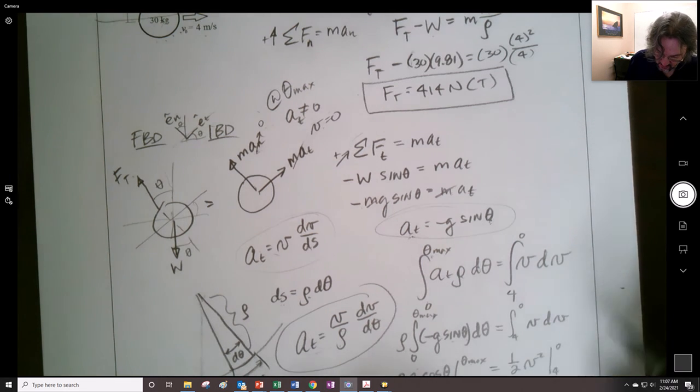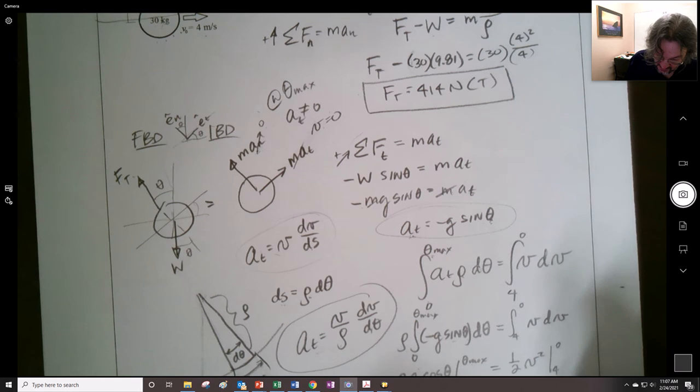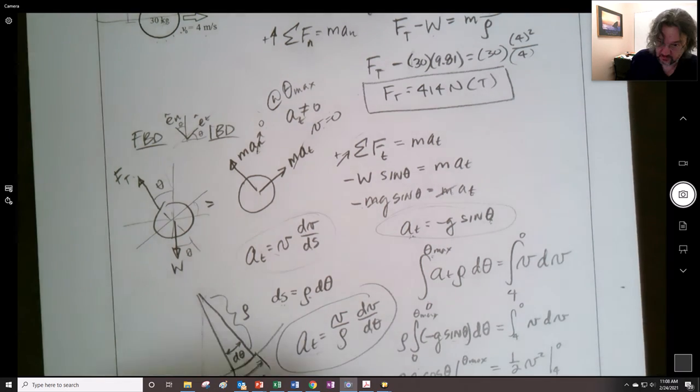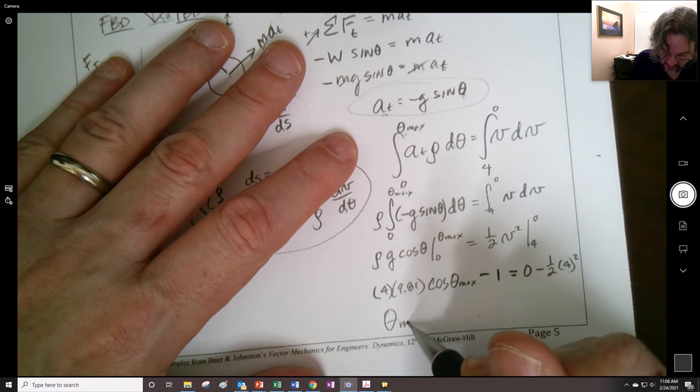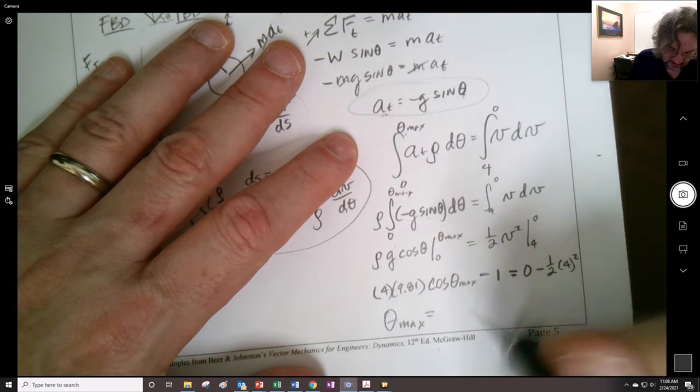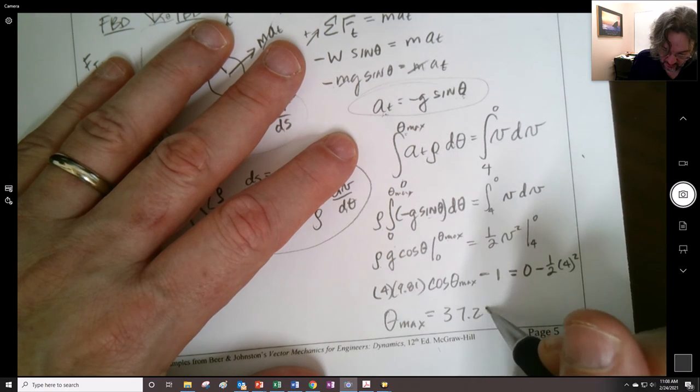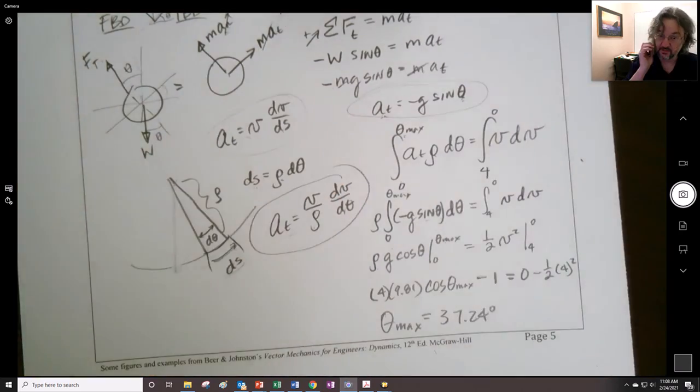And that's going to be equal to 0 minus 1/2 times v squared, with the 4. So we're able to get theta max is going to be 37.24 degrees.